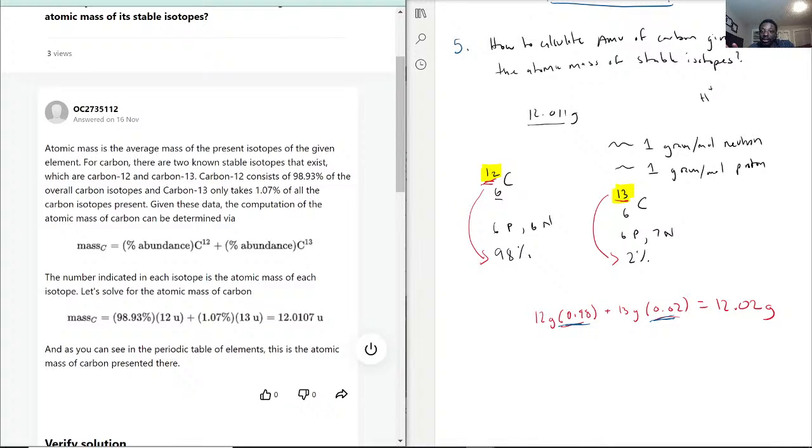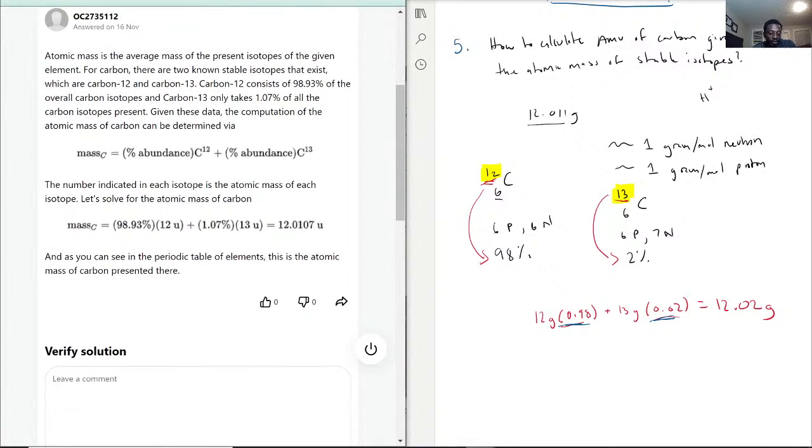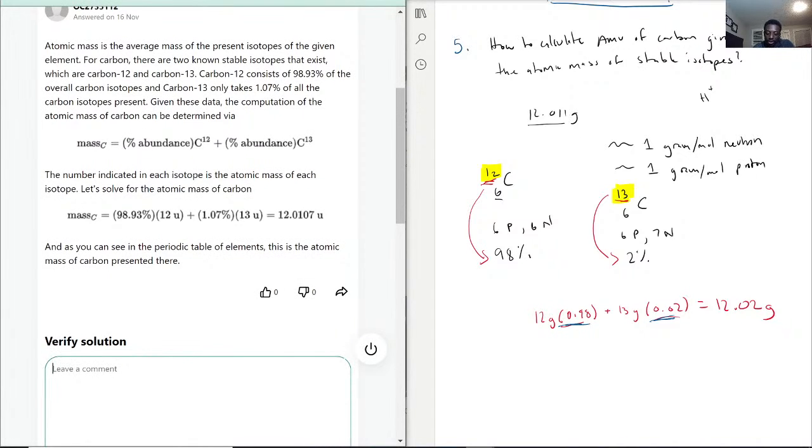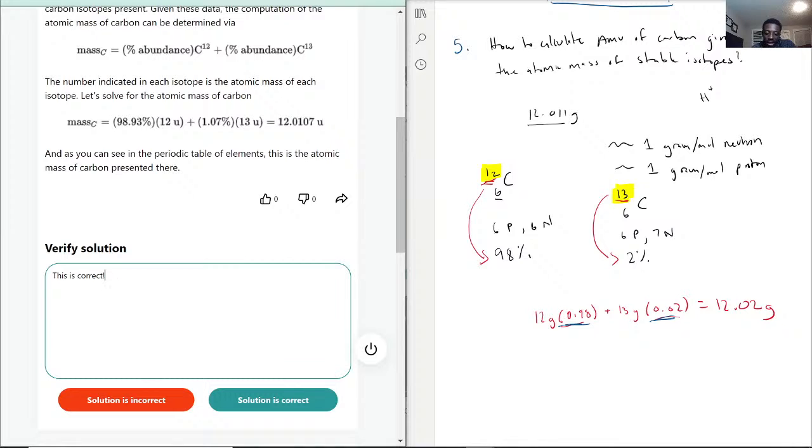And because they're there, they're factored in, but the percentage of how they exist in nature makes them not affect the total atomic mass as much. But yeah, so this is correct. So let's submit that.